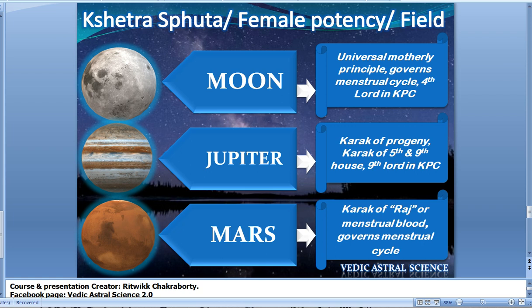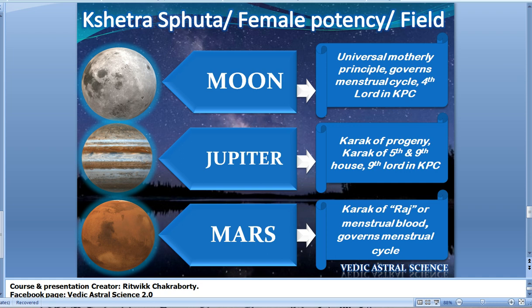So why Moon is important here? Moon signifies the universal motherly principle in astrology. Okay. Moon is directly associated with the menstruation cycle in females, and in Kalpurus Kundali, Moon rules over the natural fourth house, which represents the womb, the place where the fetus grows.